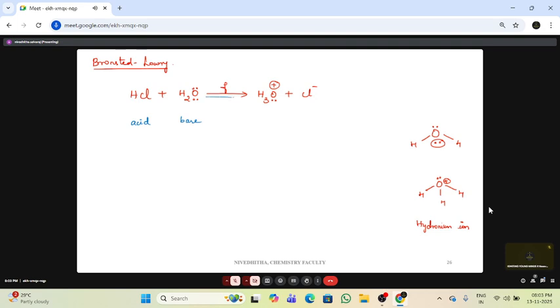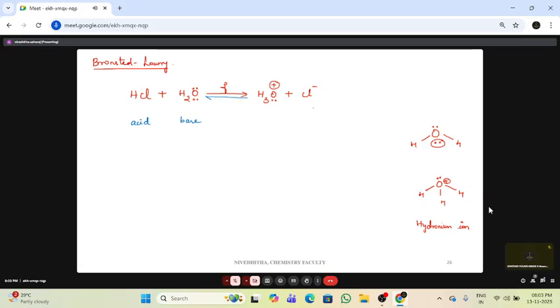Now we'll check the backward reaction. As far as the backward reaction is concerned, which is acting as acid and which is acting as base? Now the reacting species are H3O plus and Cl minus, right? Now H3O plus is losing its hydrogen and that hydrogen is combining with Cl minus. So Cl minus is accepting H plus.